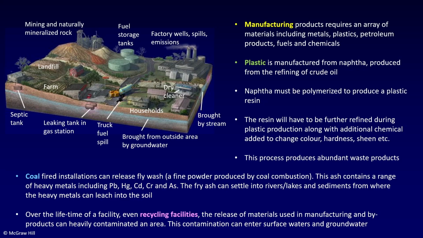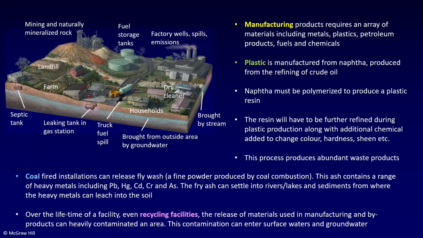So over time, because most manufacturing facilities will be at a location for an extended period, we're talking decades. So over the life of your facility, and this even includes recycling facilities, which also use a whole range of chemicals in order to recycle products, you can have a consistent release of contamination into the surrounding area.